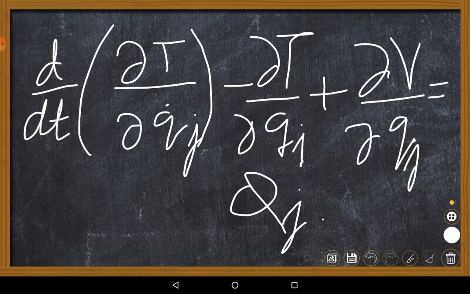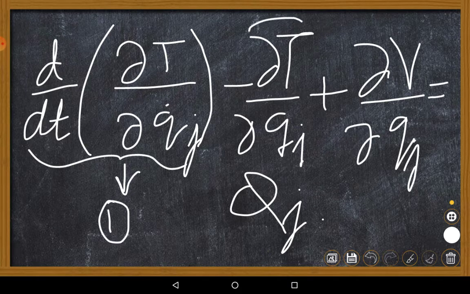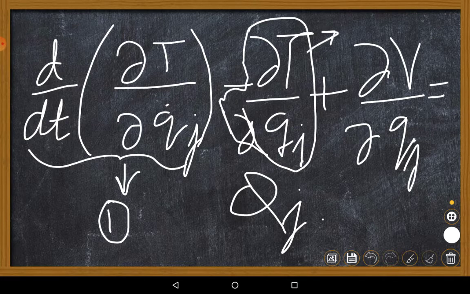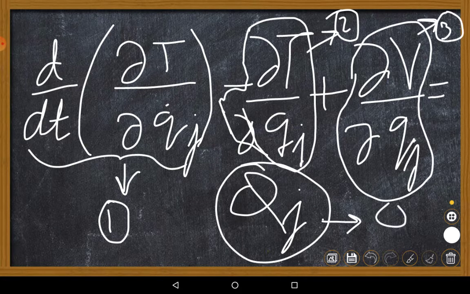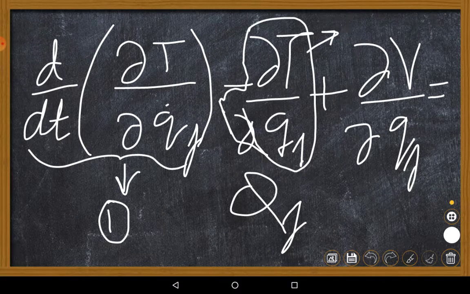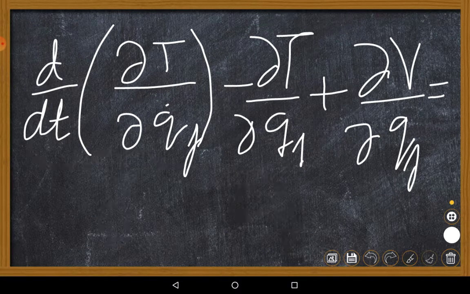I name this expression as 1, this one as 2, this one as 3, and this one as 4. It's a 4. You know that this equation is exactly what is useful to a physicist or an engineer, that this thing is equal to Qj.